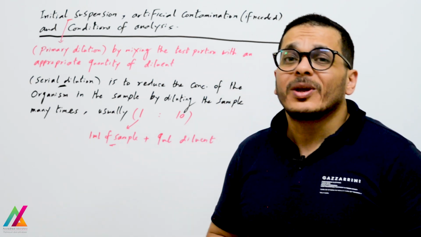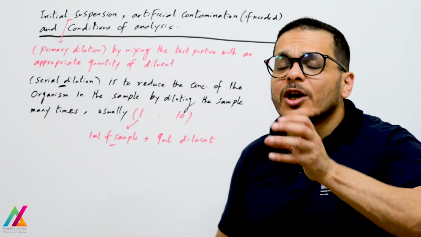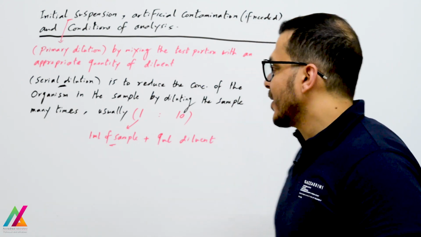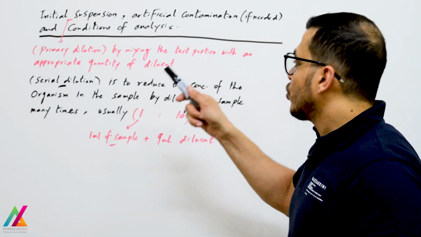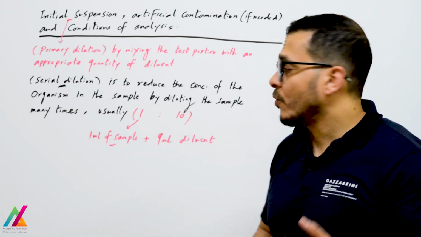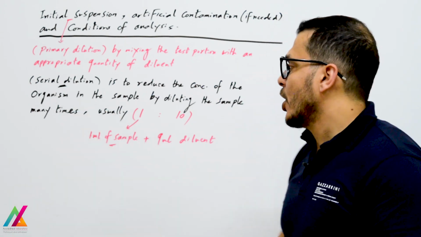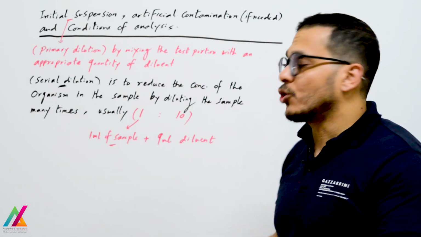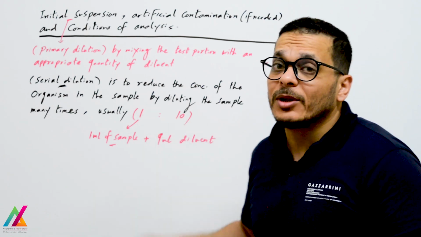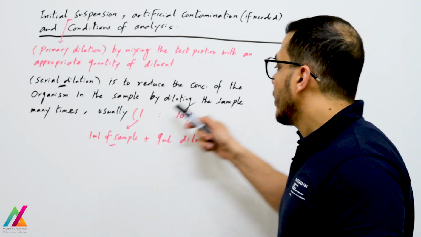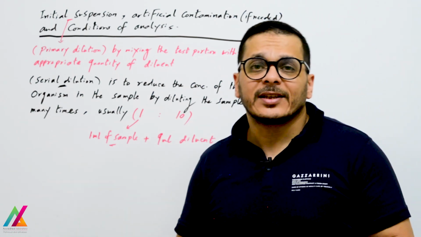So you have to make serial dilutions to reduce the concentration of the target organism in the sample. Serial dilution reduces the concentration of organism in the sample by diluting the sample many times, usually 10 times dilution, 1 to 10: 1 ml of the test portion plus 9 ml diluent.